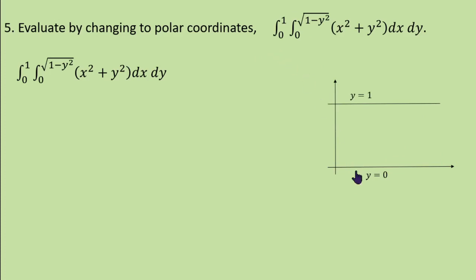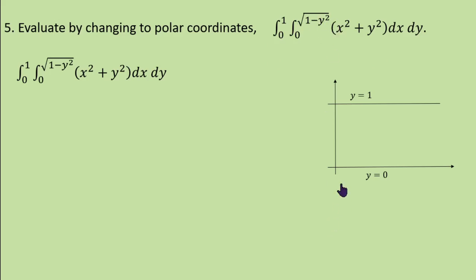In between 0 and 1, for every y, x varies from 0 to a point on this curve, x equal to root 1 minus y square, or you just square it, x square equal to 1 minus y square, or x square plus y square equal to 1.